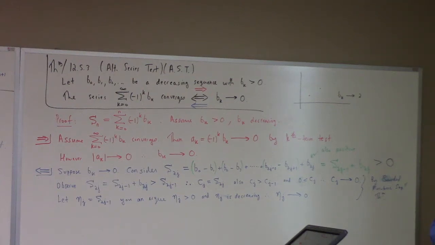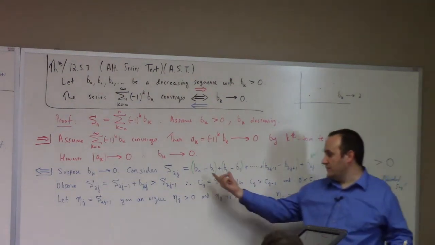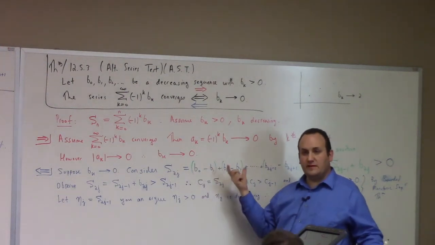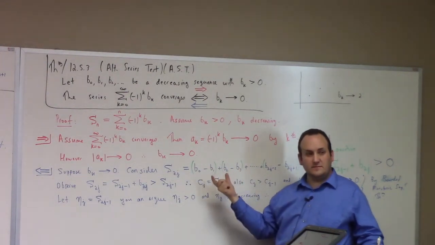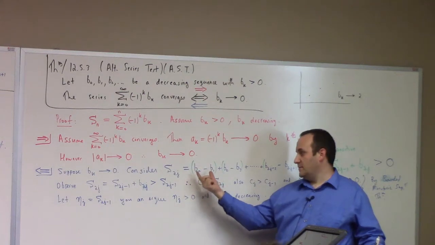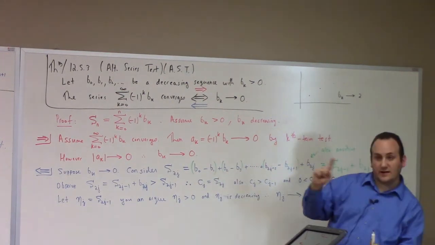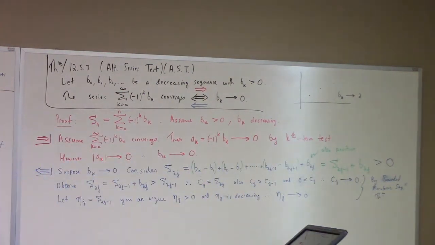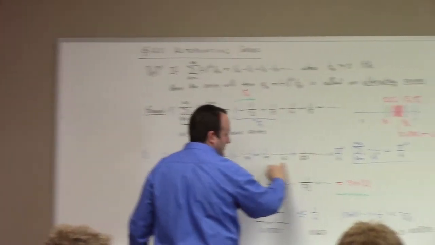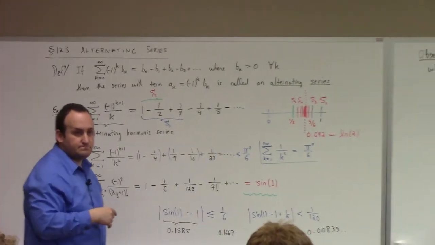So every one of these green pairings is positive. Do you see that? Positive, positive, positive. Just like we saw in this example over here, right? Same pattern.